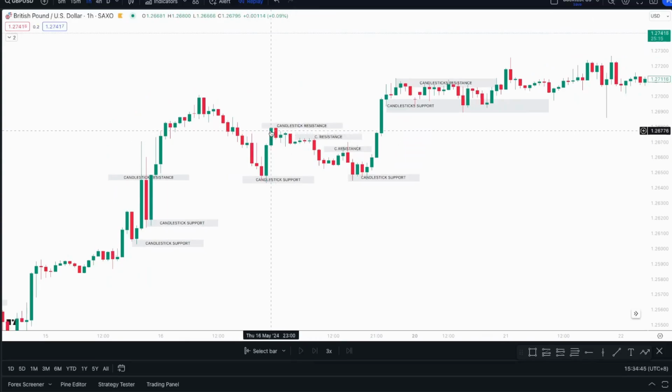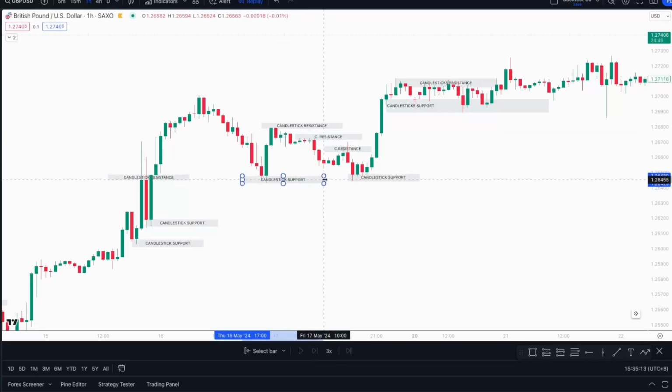Price close bullish, close bearish, and then close bullish, but obviously lower than this level over here. So there's a candlestick resistance here and there, and there again. And this one is quite obvious, candlestick support. Price close bearish, close bullish, and then close further higher than this area. So that's actually candlestick support.